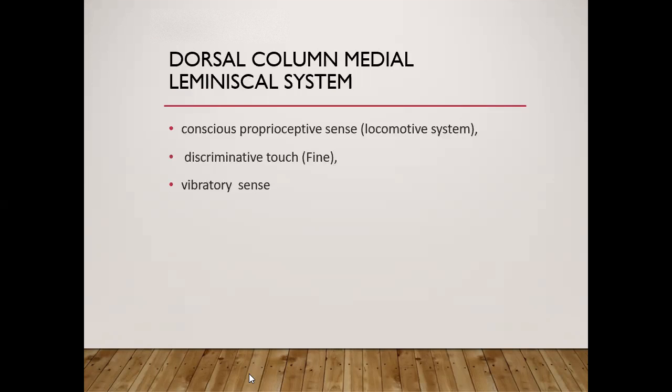If we move ahead, in the coming slides we will see that the lower part of the dorsal column carries fibers towards the medial side. That is, the lower part of our body is represented on the medial side of the dorsal column system, whereas the upper part of our body is represented on the lateral side.